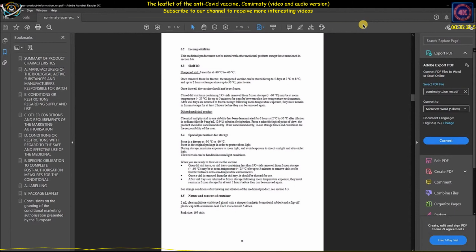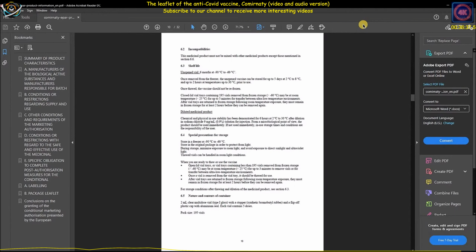When you are ready to thaw or use the vaccine, open-lid vial trays, or vial trays containing less than 195 vials removed from frozen storage, at less than minus 60 degrees Celsius, may be at room temperature, at less than 25 degrees Celsius, for up to 3 minutes to remove vials or for transfer between ultra-low temperature environments.